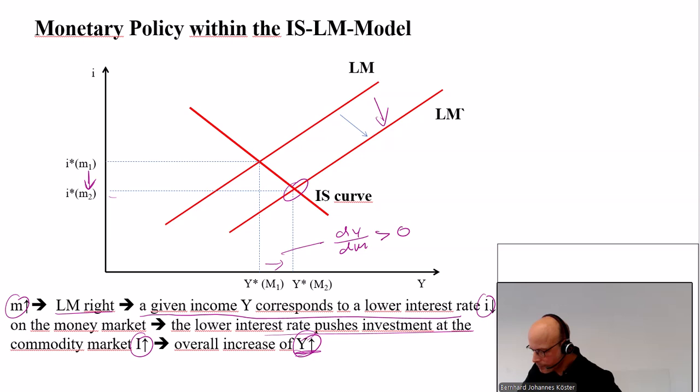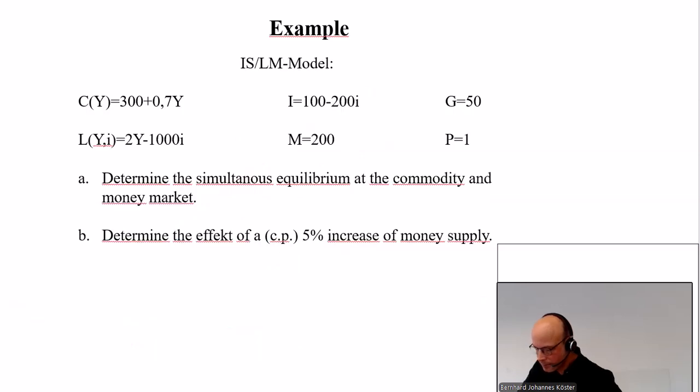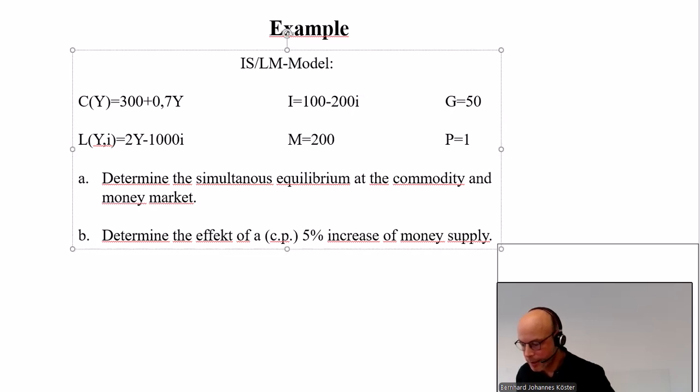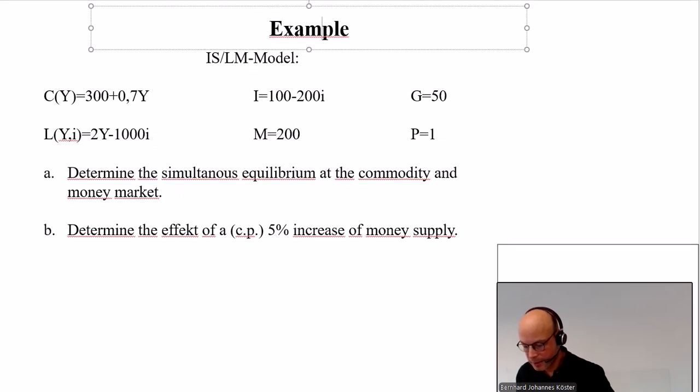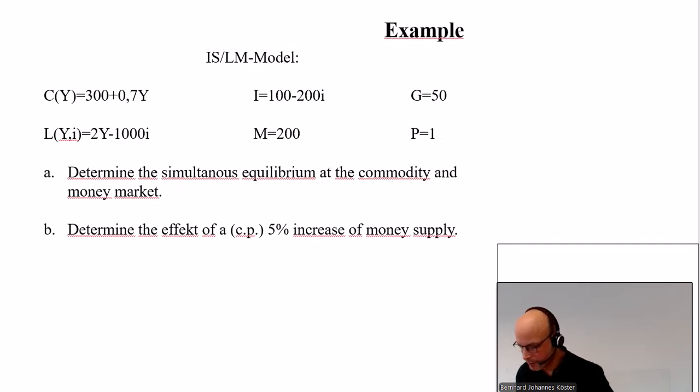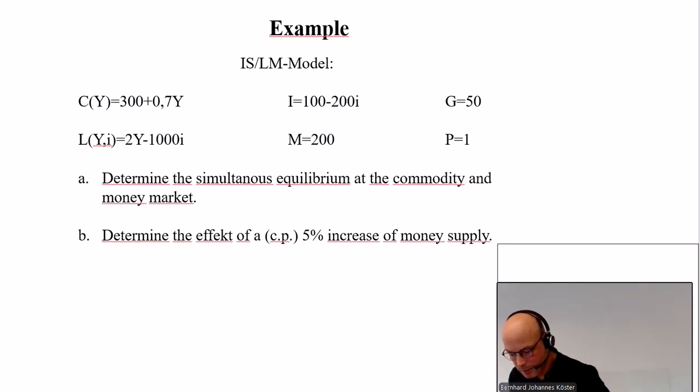Okay, and then we have another 50 minutes. Maybe we can then just calculate these two little examples. This was an increase of money supply. Is this the same or only one?